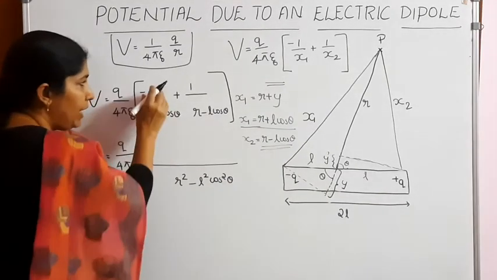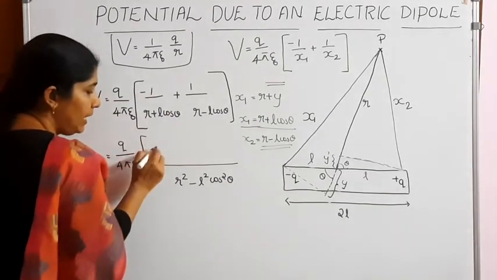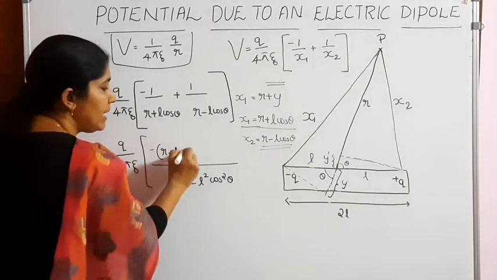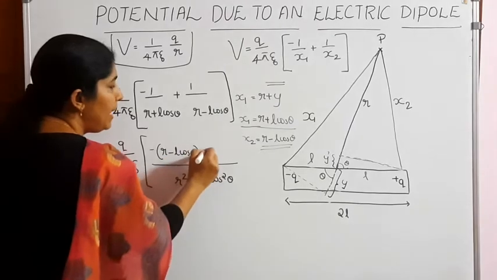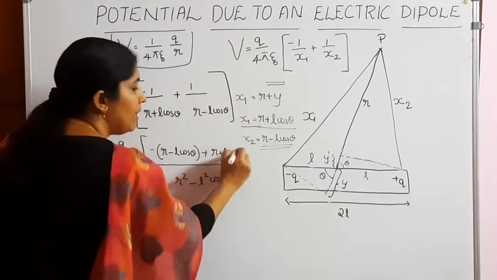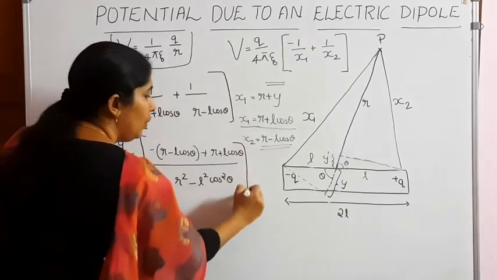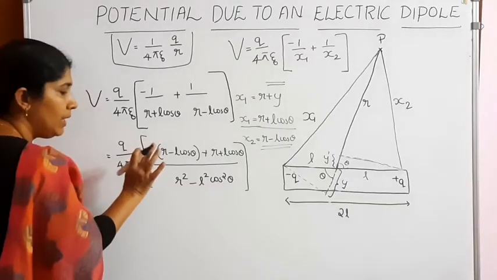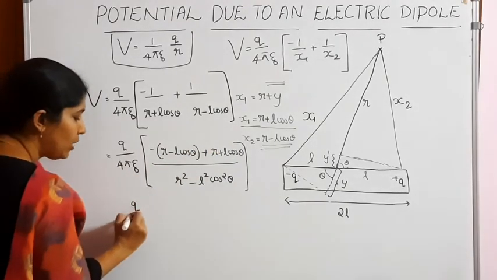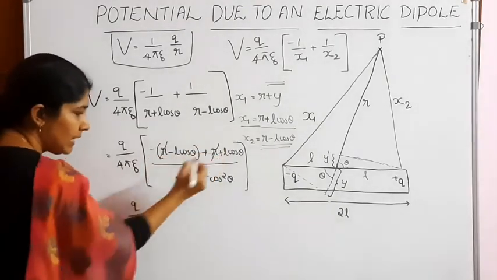Now we can write what about the term present here, that is equal to minus of r minus L cos theta plus, what about here, r plus L cos theta. Minus r plus r get cancelled.